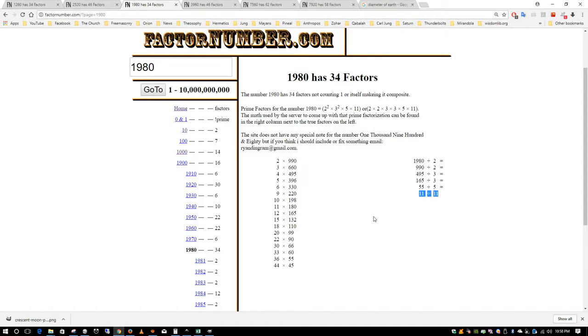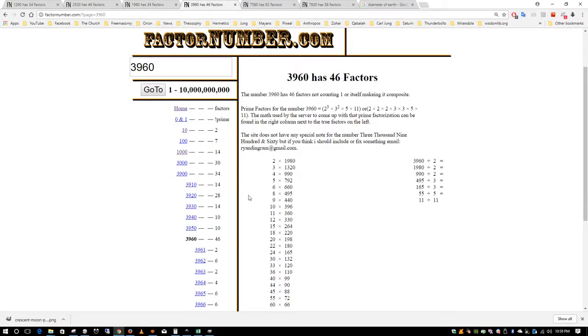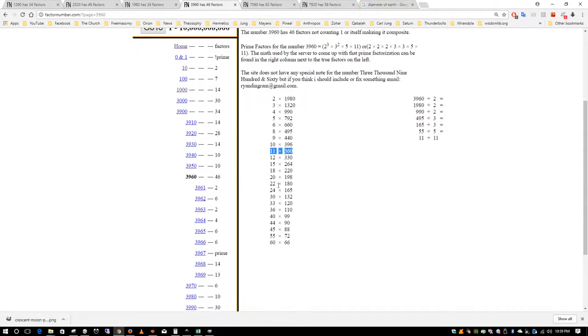You notice that it doesn't have a 7 as a divisor, it has 11 as a divisor. And then of course twice that, which would be our 2 pi increments of 360, we have 3960, and that is the radius of the Earth, and that has a divisor of 11. And you'll notice that it has 11 360s, or it has 22 180s.